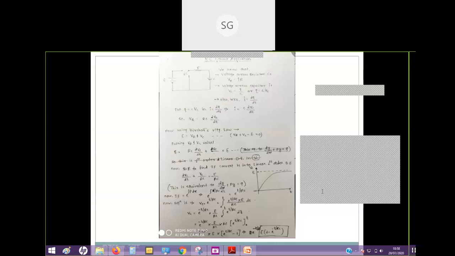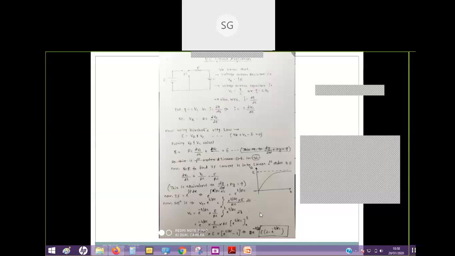I'm not giving this as an assignment, but for your practice. You already know the curve of discharging of a capacitor, but since this is an application of differential equations, that curve is due to the mathematical modeling. The equation gives the curve, so like this you have to find the curve for discharging of the capacitor.